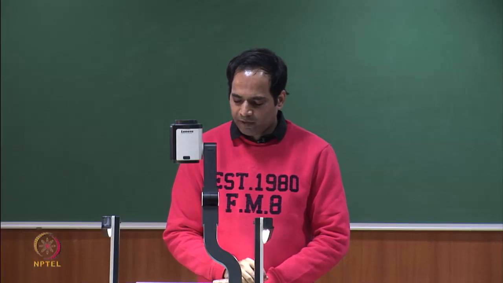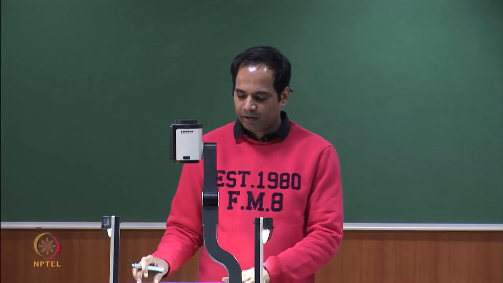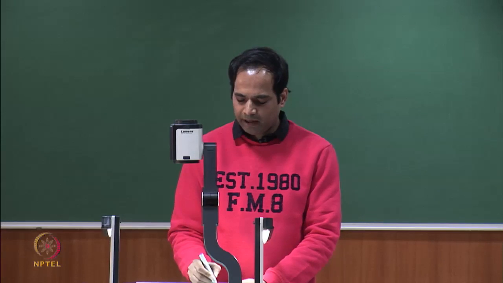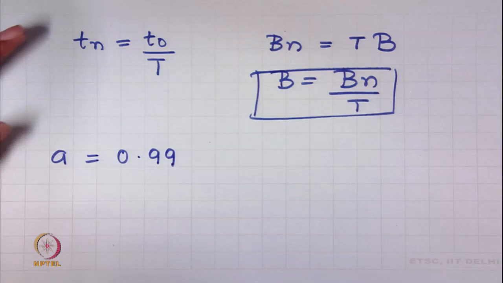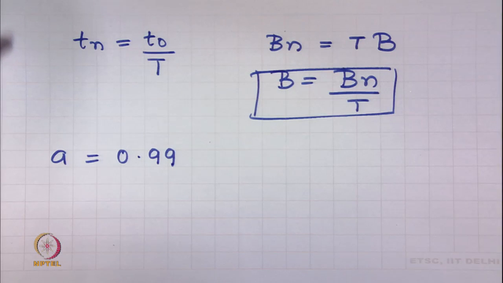Let me put out some values of bandwidth for values of A. So, if I choose A as 0.99, that means I want 99% of energy to be confined.